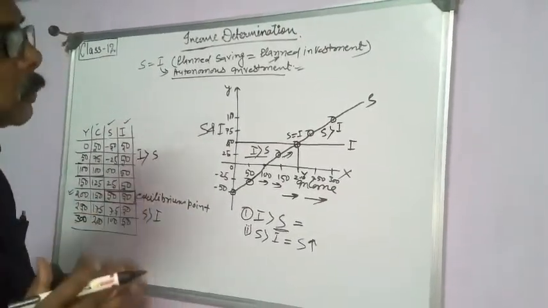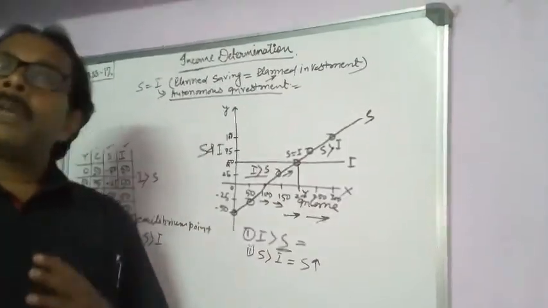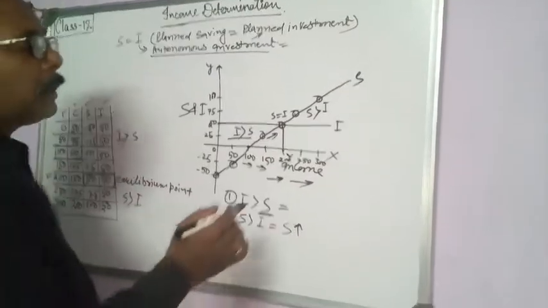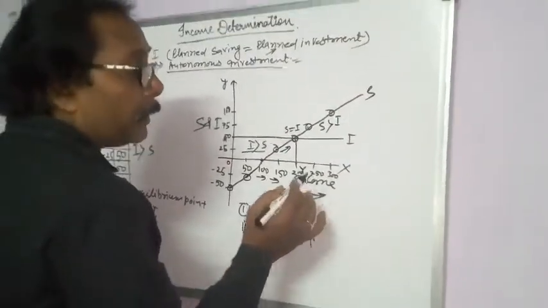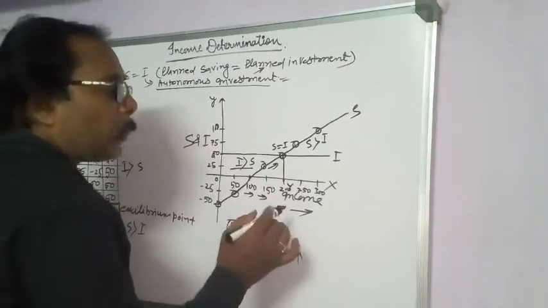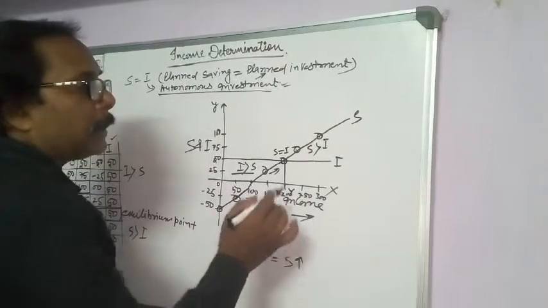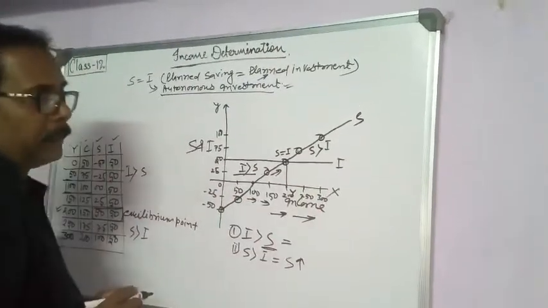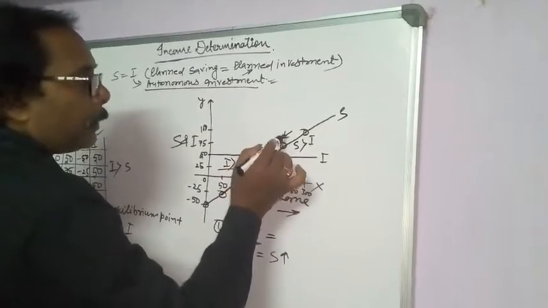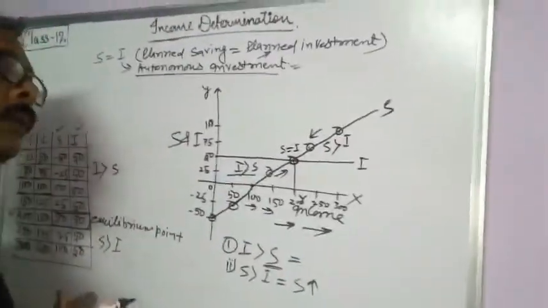So the producer will plan less production in the coming year. Less production always requires less employment. Due to less employment, the income will decrease in the economy and the saving will also decrease. So again the saving will decline and the equilibrium level can be obtained.